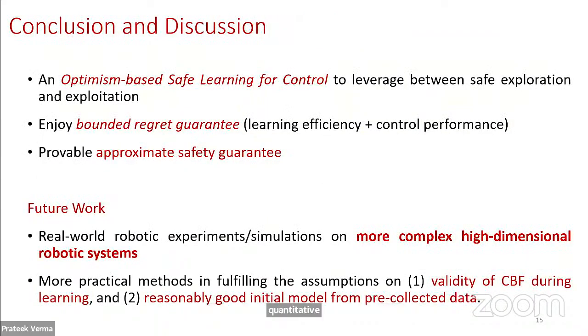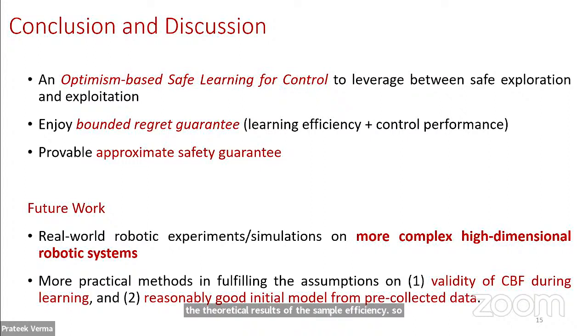So in general, the conclusion is that in this work, we're focusing on using optimism in the face of uncertainty to encourage sample-efficient reinforcement learning. And by combining with control barrier functions, we are able to maintain safety during learning and testing. In the paper, we also provide the proof of the bounded regret analysis, giving theoretical results on sample efficiency.